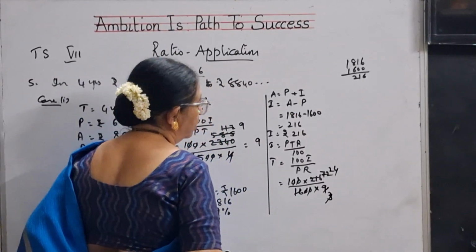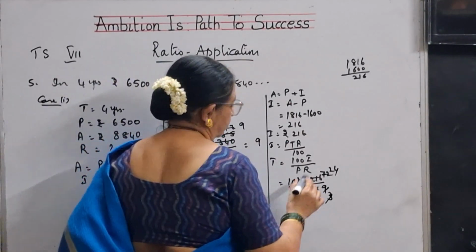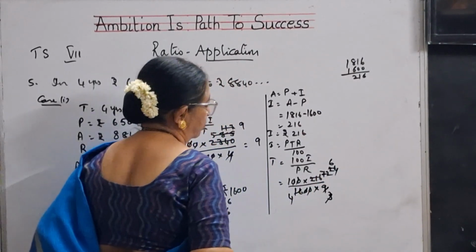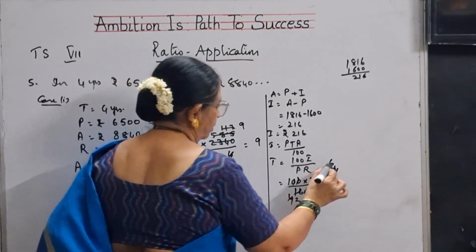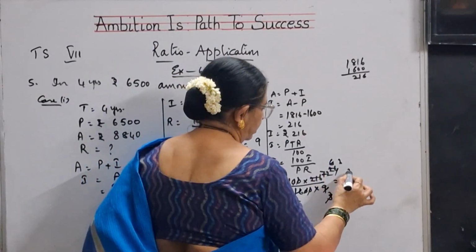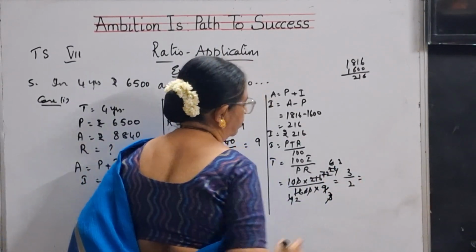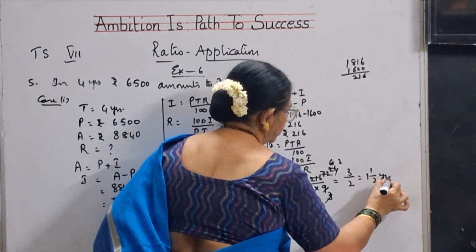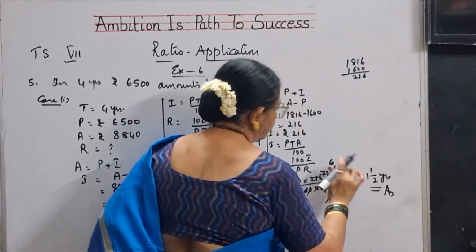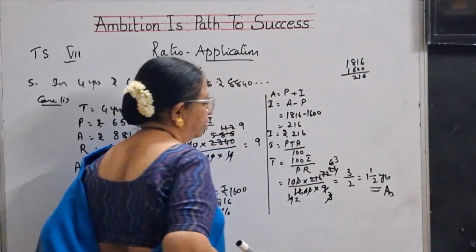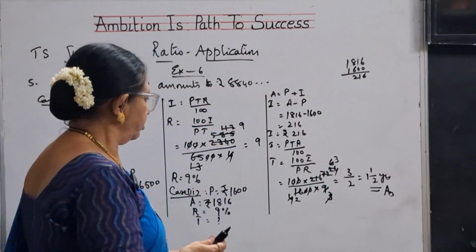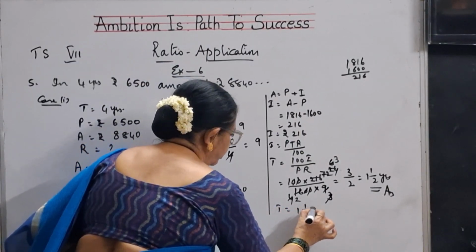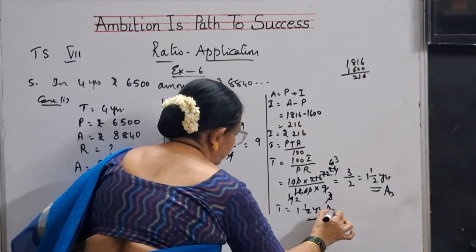Again cancelling, how much are you getting? 3 by 2. 3 by 2 means 1.5 years is the answer, children. 1.5 years is the time it takes. This is the answer for this problem.